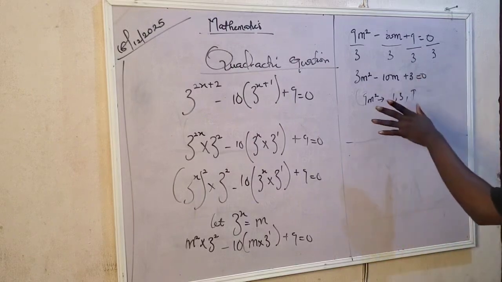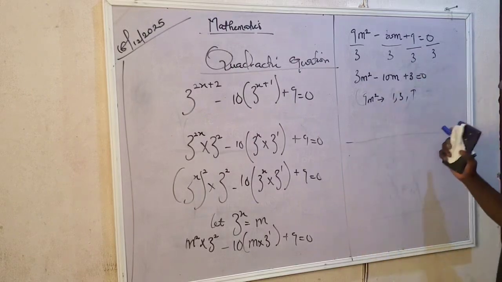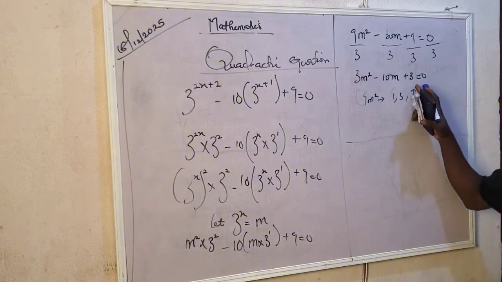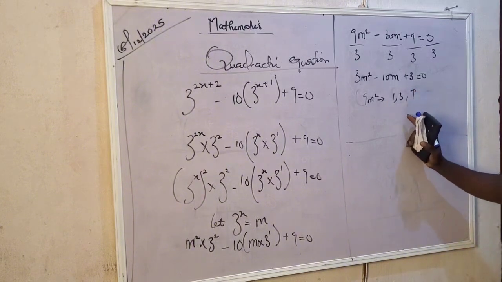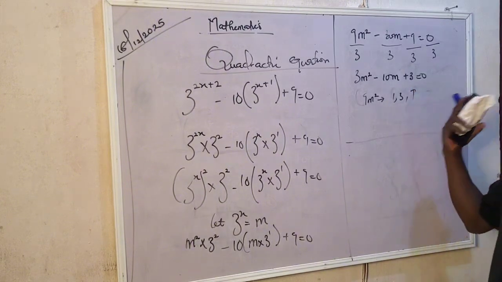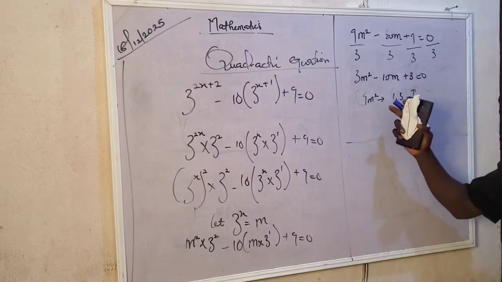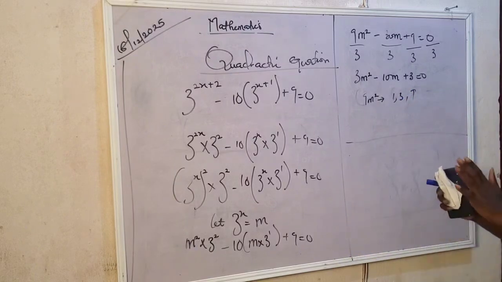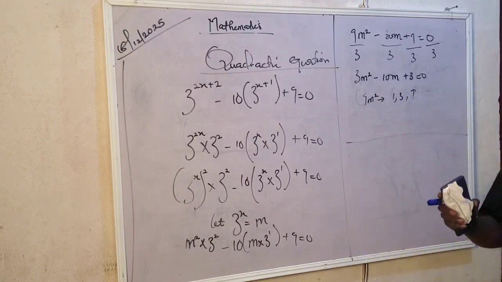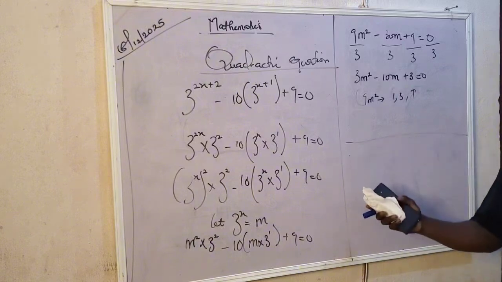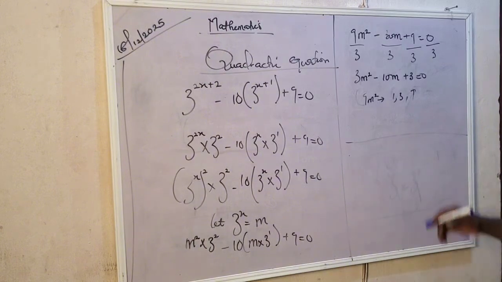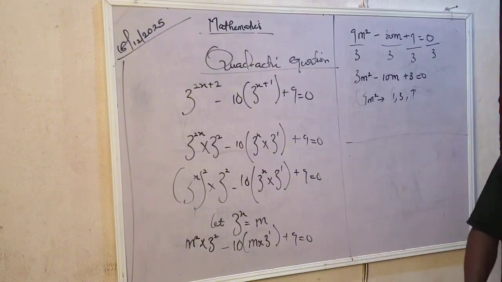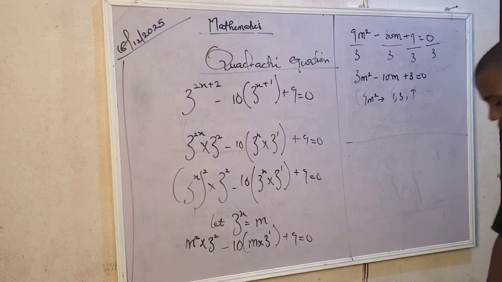If you look at this carefully, there are no two numbers that multiply to give us positive 3. But there are two numbers that, if we add or subtract them, will give us minus 10. But still, the two must always be in accordance. You can't go for one and leave the other.